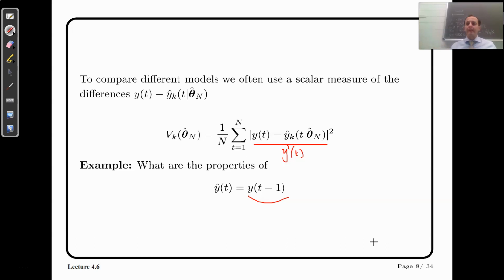So it provides the previous value of your output, and you can see that in this case the residual is white, so it leads to an optimal prediction, even if the model is not very useful.